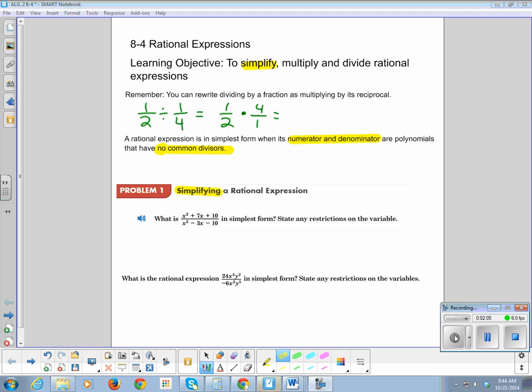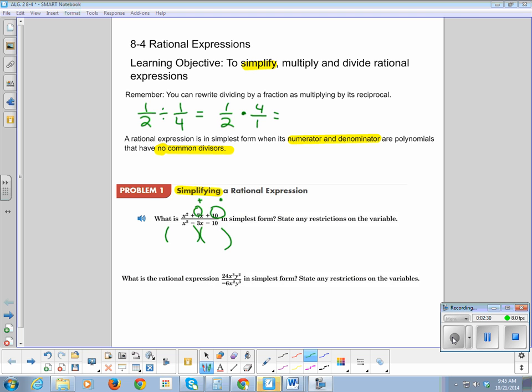What is x squared plus 7x plus 10 divided by x squared minus 3x minus 10 in simplest form? State any restrictions on the variable. All right, so the first thing we want to do is factor this numerator. We want to say which 2 numbers add to give you 7 and multiply to give you 10.